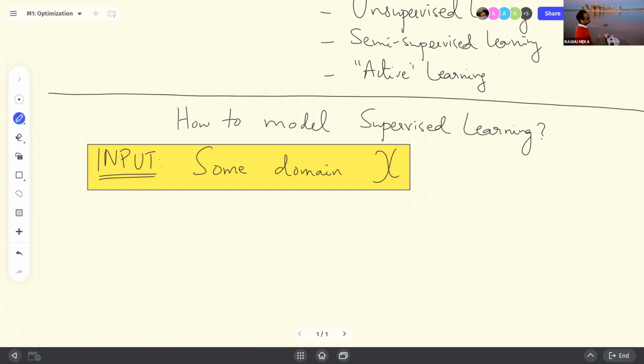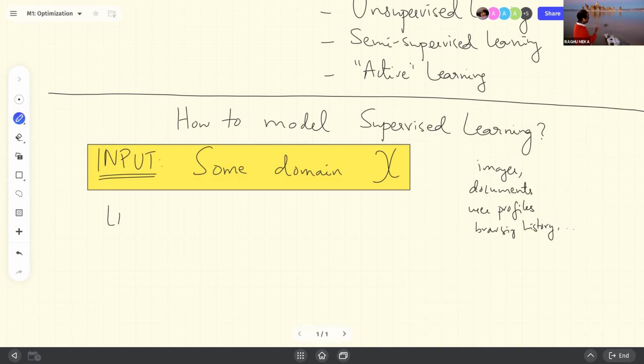So this could be images, documents, user profiles, browsing history, whatnot, right? Voice recordings: if you think of machine translation software, or text recognition, or audio to text translation, it's just audio recordings, right? All of these things can be parts of the domain, okay?